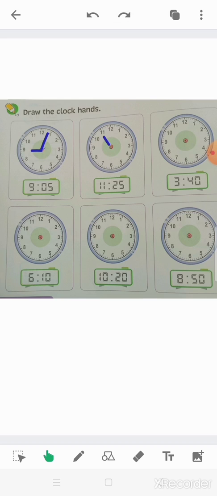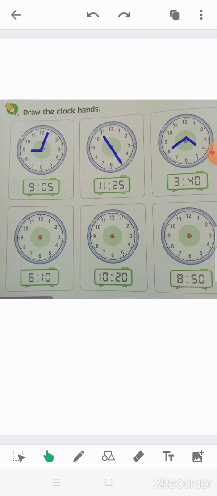The hour, 11. And the minutes, 25. 5 by what number? 5 by 5. So it points to 5. Again, 3:40. The hour points to 3. Then the minutes: 8 by 5 equals 40.